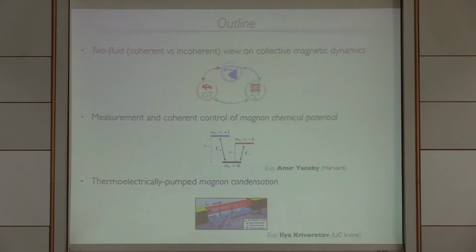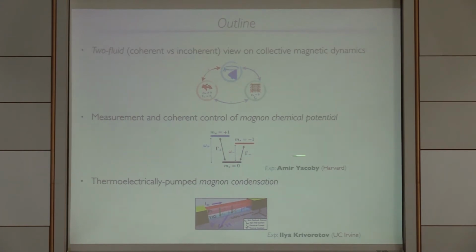So that's a two-fluid view on magnetic dynamics with a specific focus on transport in magnetic insulators. And then, once I introduce the subject and outline some basic formalism, I would like to describe two experiments which we believe address the physics that we're after.